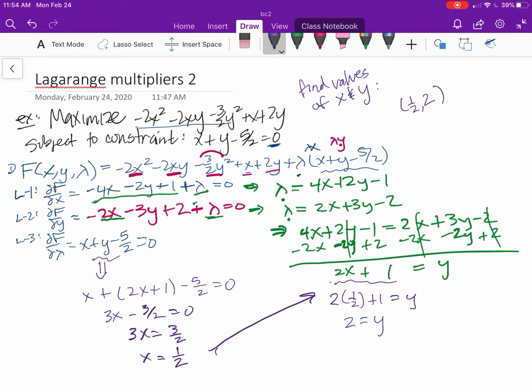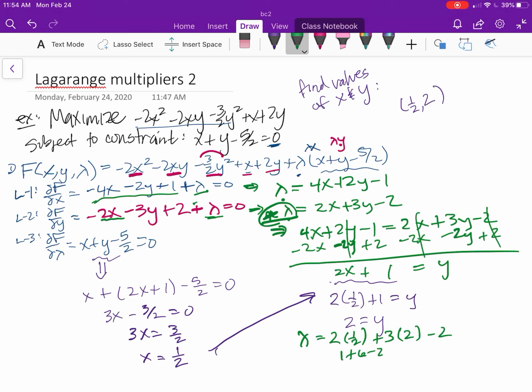If by chance they ask for lambda, that's fine. Just plug in your x and y into those lambda, one of the lambda equations, right? So lambda equals, we'll do this second one here, 2x plus 3y minus 2. So lambda equals 2 times 1/2 plus 3 times 2 minus 2.